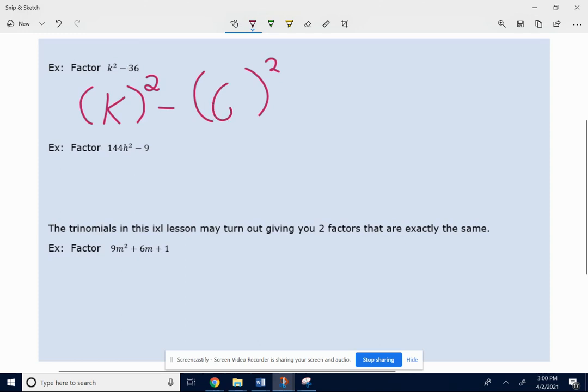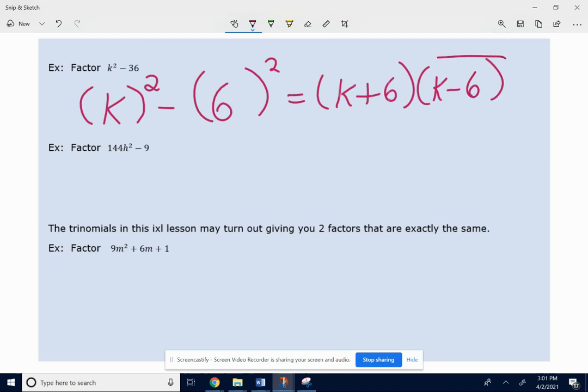That'd be 6. So there's my form I'm thinking you should try to get to make this easier. So it's equal to k to the second minus 6 to the second. To factor it, just take that k and 6, put a plus between them, and put a subtraction sign between them. There's the factored form, k plus 6 times k minus 6. If you FOILed, if you multiply that out, you will get k squared minus 36.